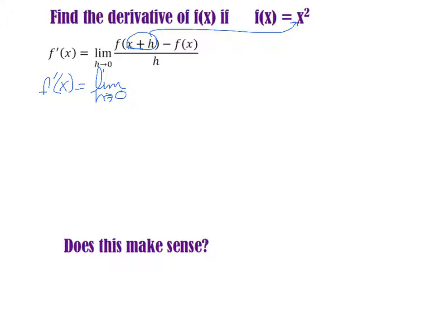So I'm going to get rid of this f of x that I was writing, and I'm just going to write x plus h squared, minus the function itself, so I'm just going to subtract the x squared. And then I'm going to have that all over h.